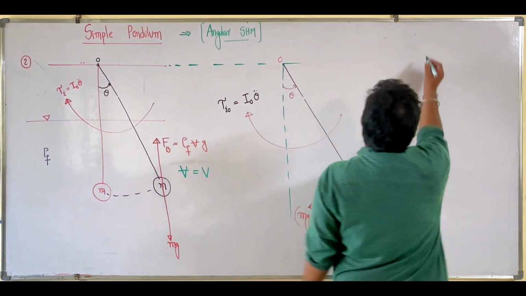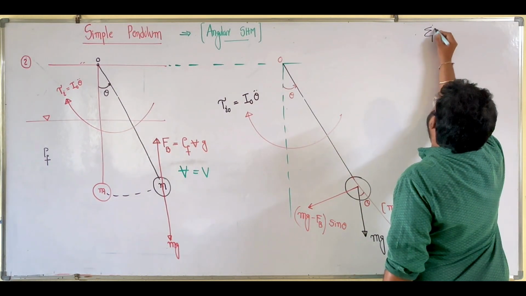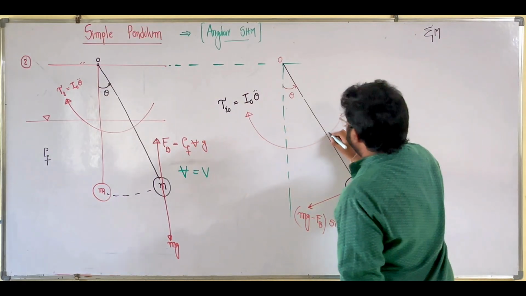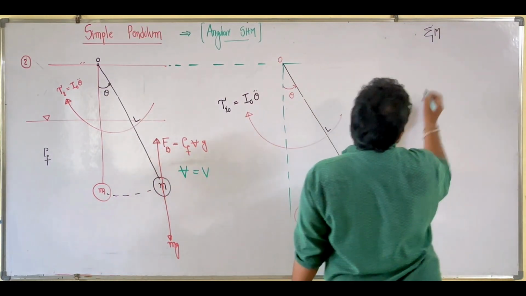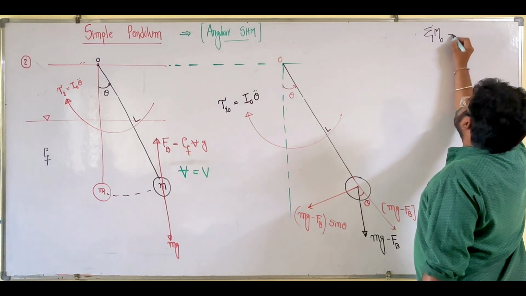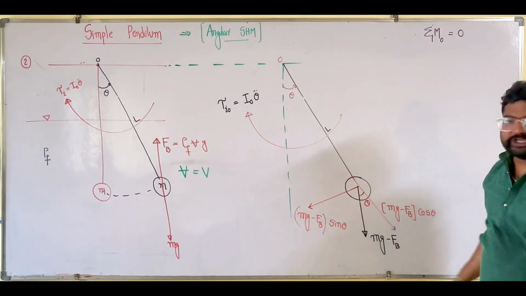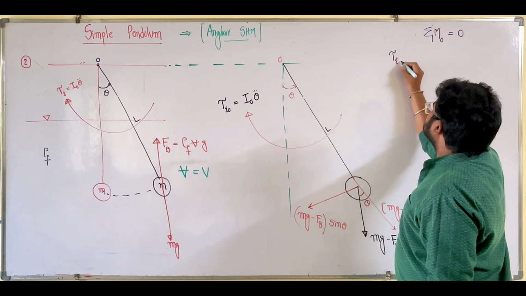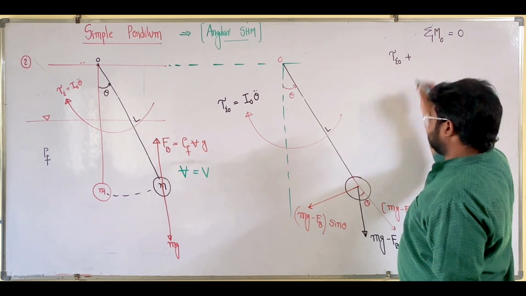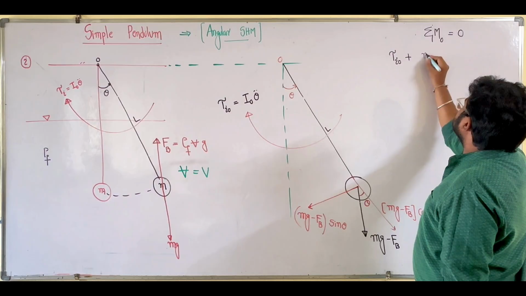Apply moment about O. Here L is the length of the string, and m is the mass of the bob. Sigma M O equal to 0. Inertia torque about point O plus, how much is obtained?